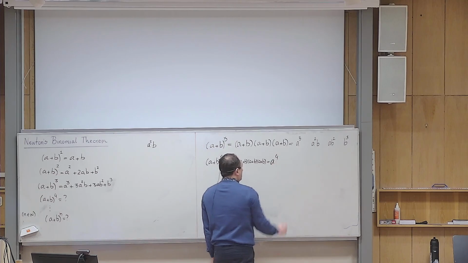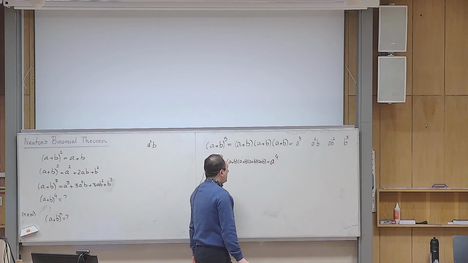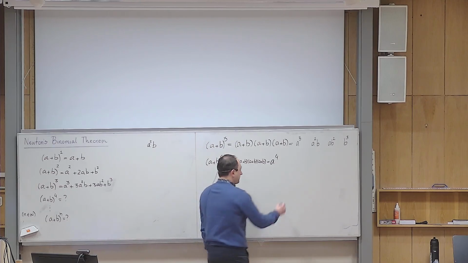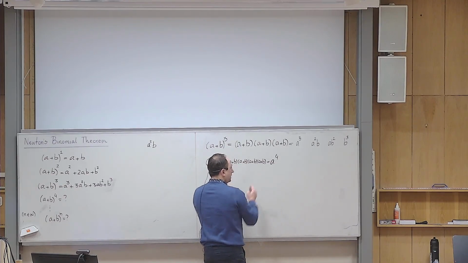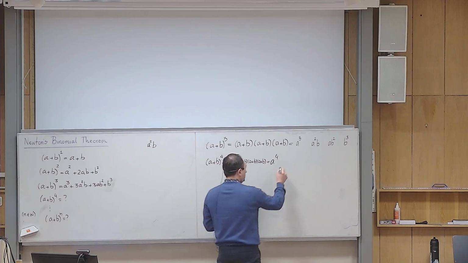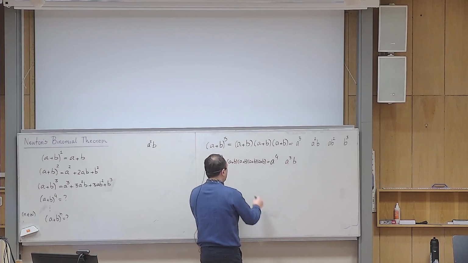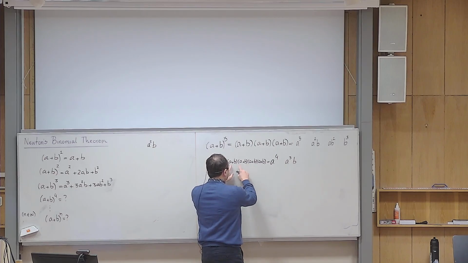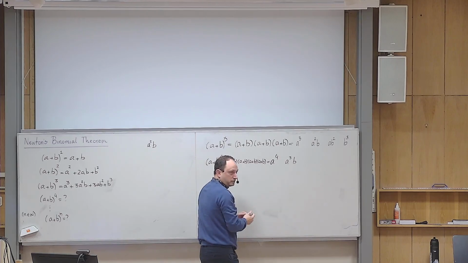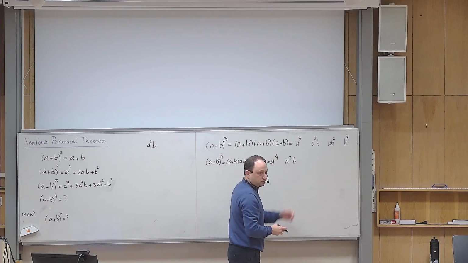But then I might choose 3 A's but 1 B, yes? So either I choose all of them A's, or I choose 3 A's and 1 B. Do you understand what I mean? It means that I choose 3 of these pairs and choose A from those three pairs, and then choose B from the rest. It gives rise to A cubed B.